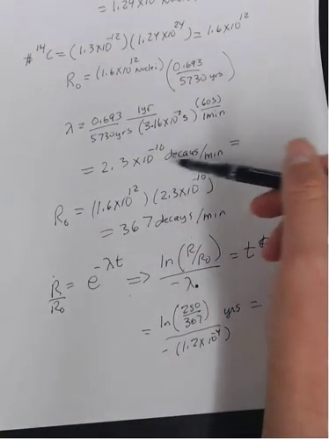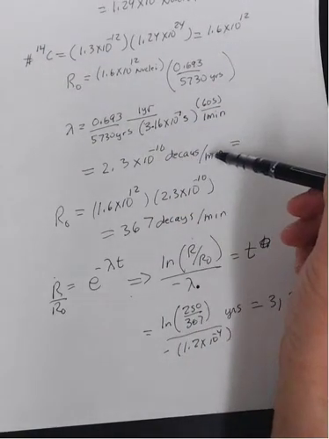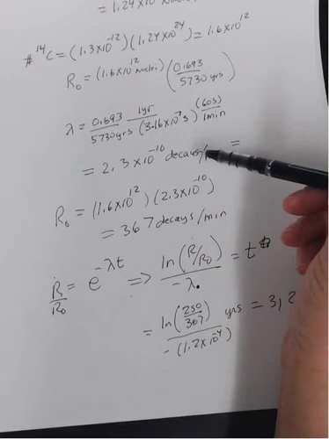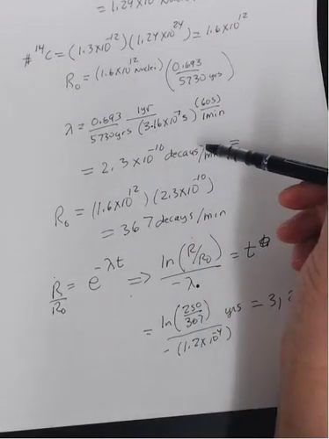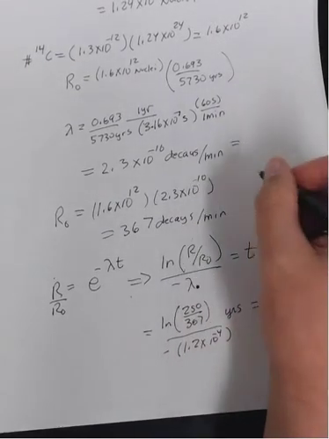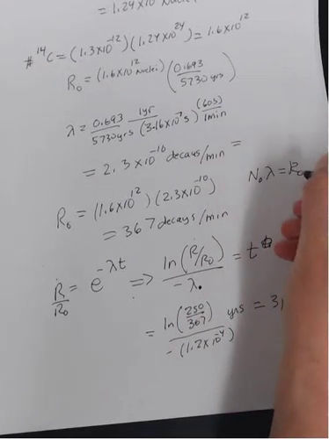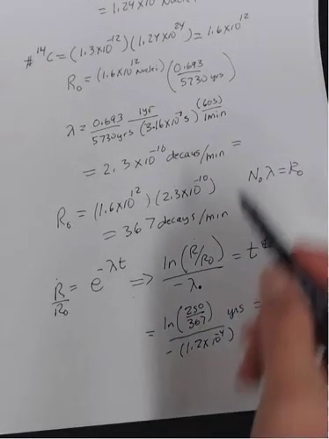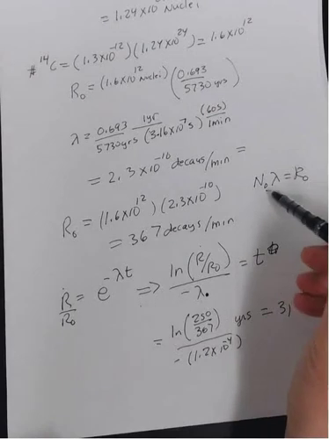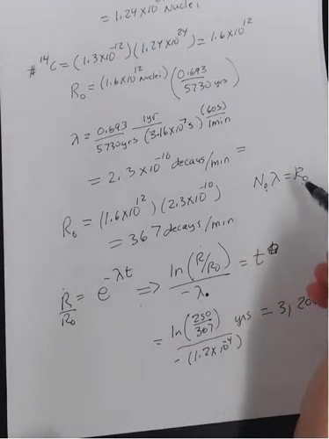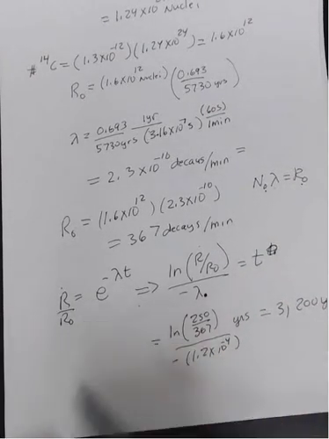In this case, I did it in decays per minute because we had R, the rate, in decays per minute. Then if you can estimate how many carbon-14 molecules you started with, you can get the initial rate, and then you can stick it into this equation and get the time.